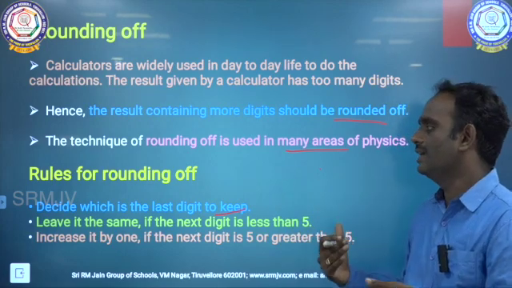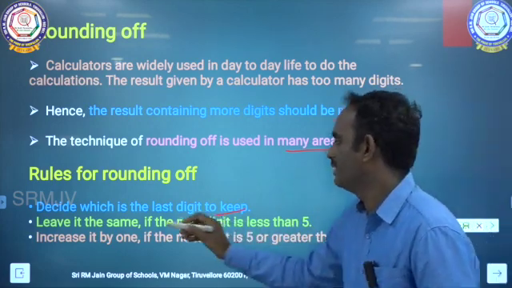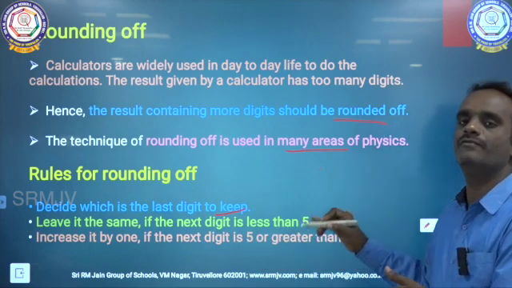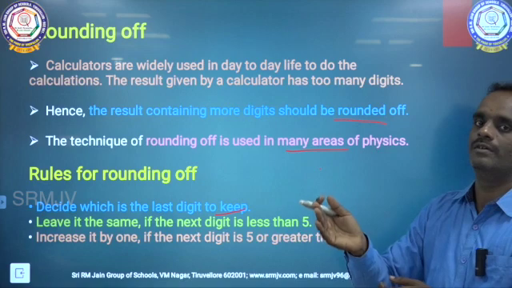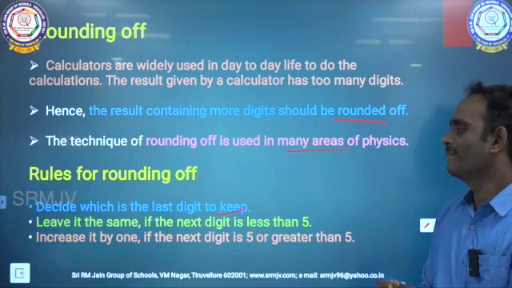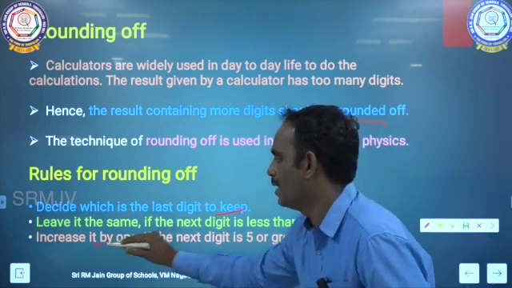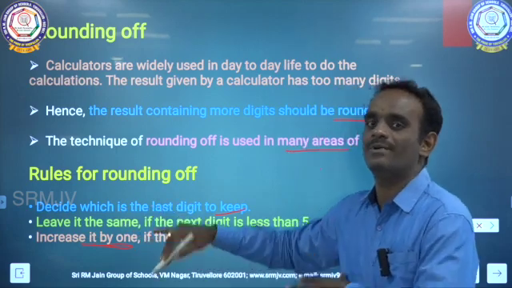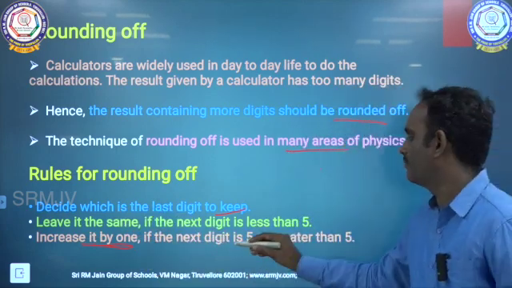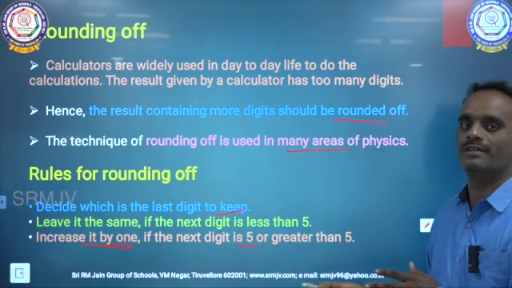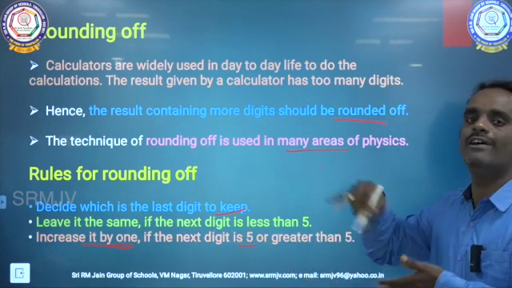The next one, leave it the same if the next digit is less than 5. Increase it by 1, that is, add 1, if the next digit is 5 or greater than 5. That is called rounding off.